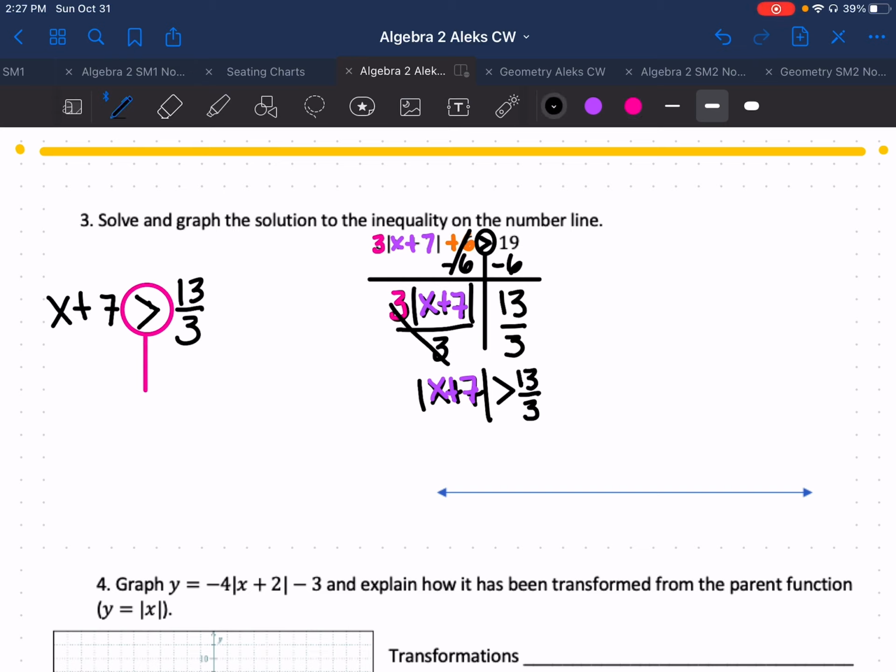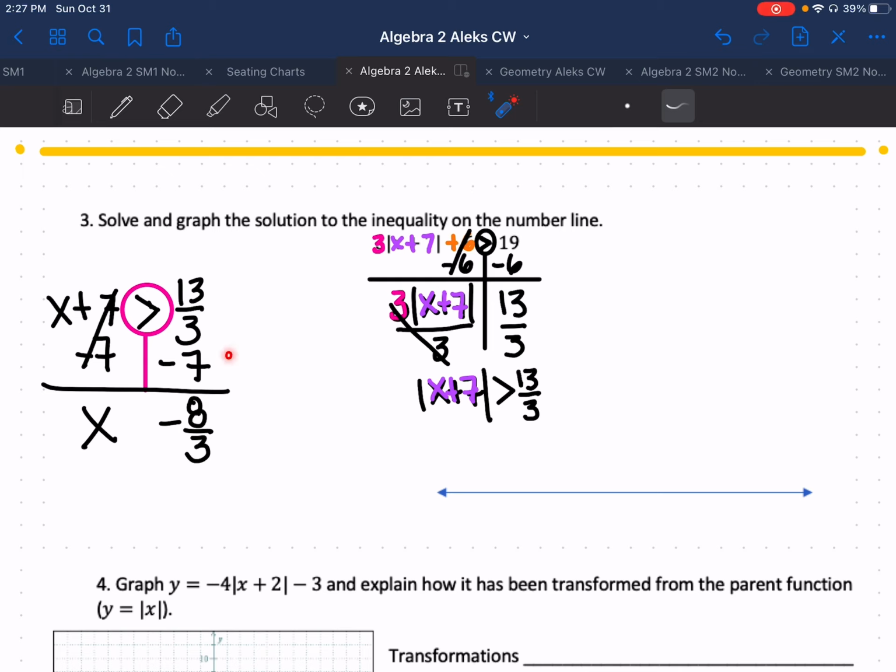To get that x by itself, I would subtract 7, and I went to my calculator and put this in, and it gave me negative 8 over 3, negative 8/3. I did not divide, I subtracted, so my sign will not flip. I also went ahead and had the calculator tell me what negative 8/3 was as a decimal because I felt it was easier to graph. I thought I can graph easier than a fraction. Okay, so I went ahead and did that.